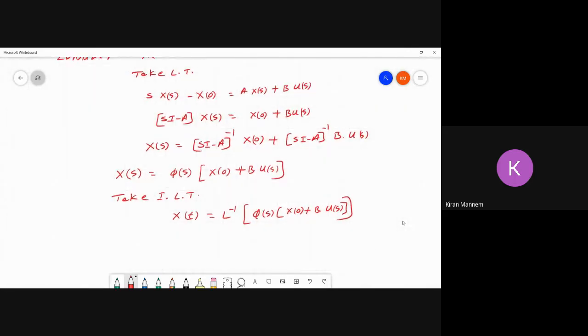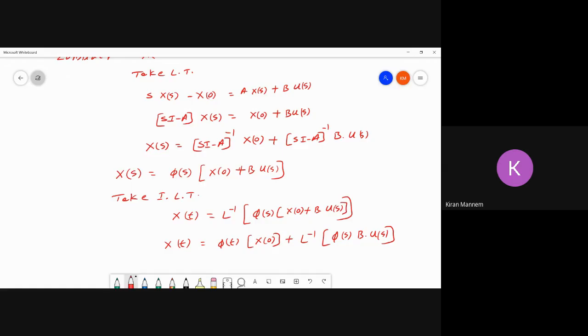Or I can simply write in the state transition matrix form, x(t) would be Φ(t) into x(0) plus L inverse of Φ(s) into B into U(s), right?